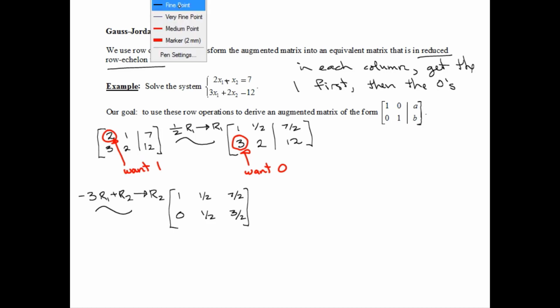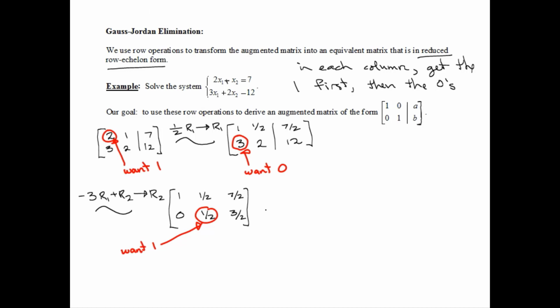Now what do we want to do? Now we need to get the 1 in the next column. We want this to be a 1. So we are going to multiply that second row by 2. So that'll give me 0, 1, 3 in my second row.